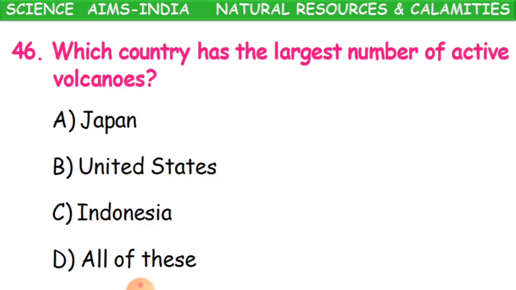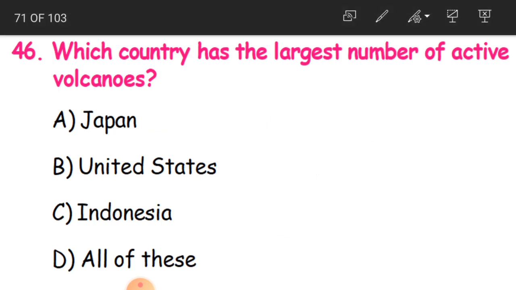46th question. Which country has the largest number of active volcanoes? Where you have got many active volcanoes. And what is an active volcano, children? So that has had at least one eruption during the past 10,000 years.